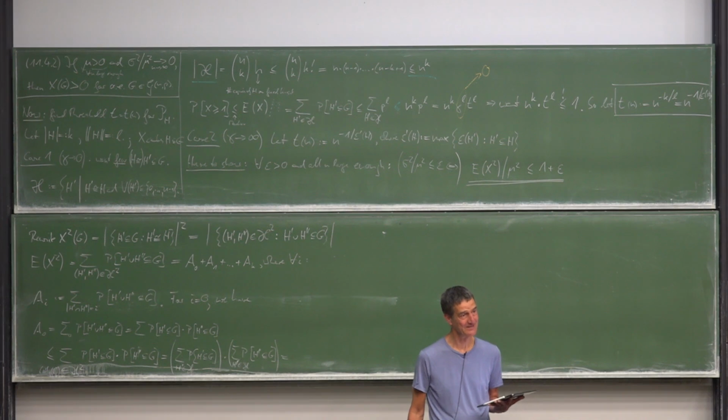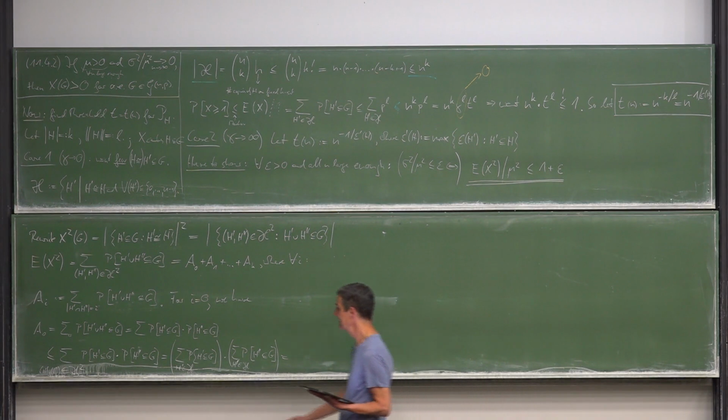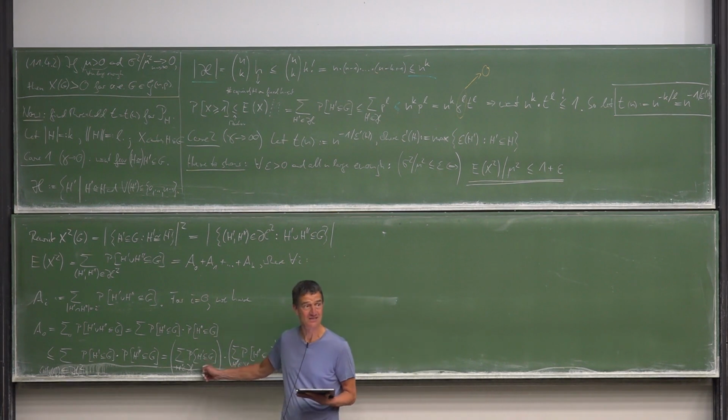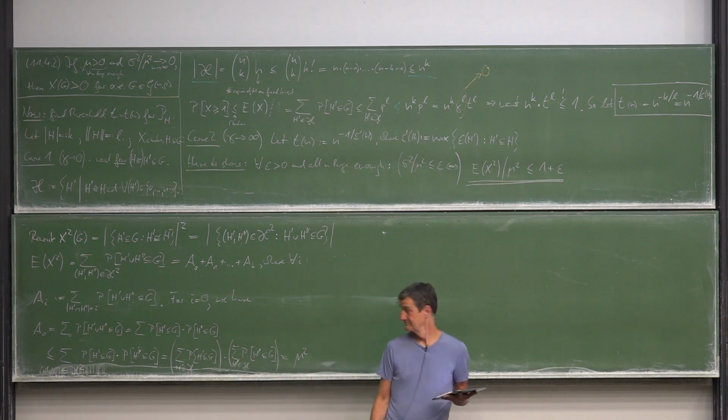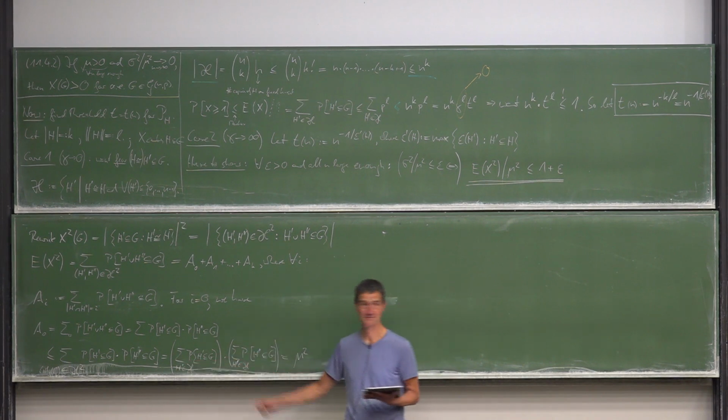That's the expectation of a copy of H being in G. So that's mu squared. Mu for this and mu for that.